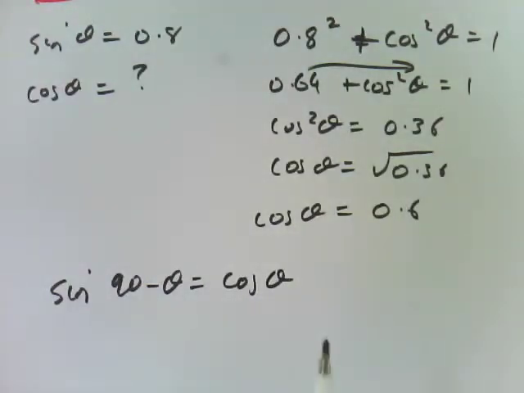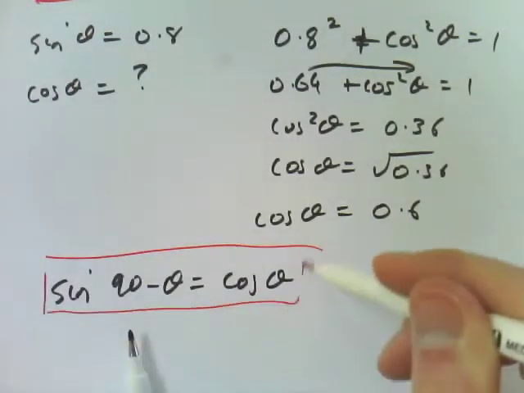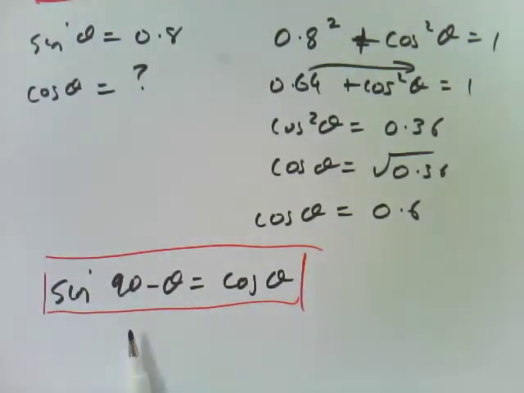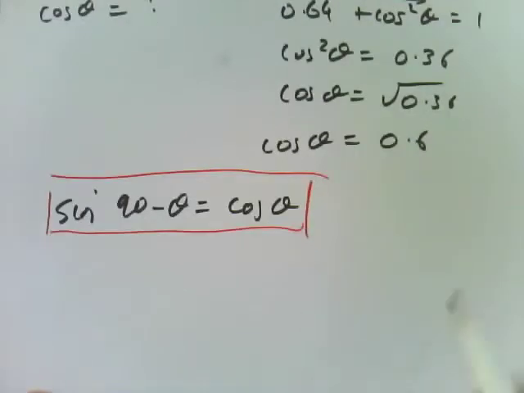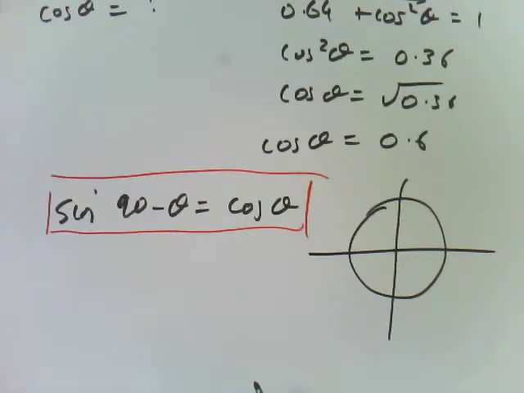Now, if we relate that to our unit circle, you might understand why that is. So I'm going to try and relate this to the unit circle for you. How is it that this formula, 90 minus our angle, is cos theta?